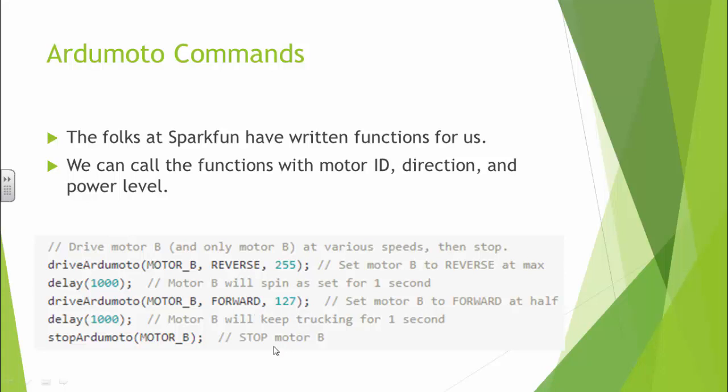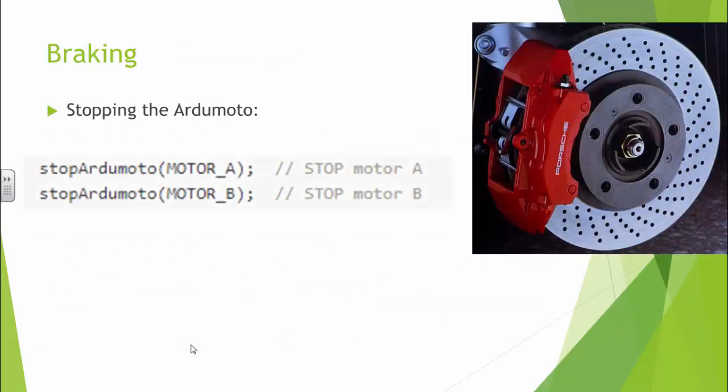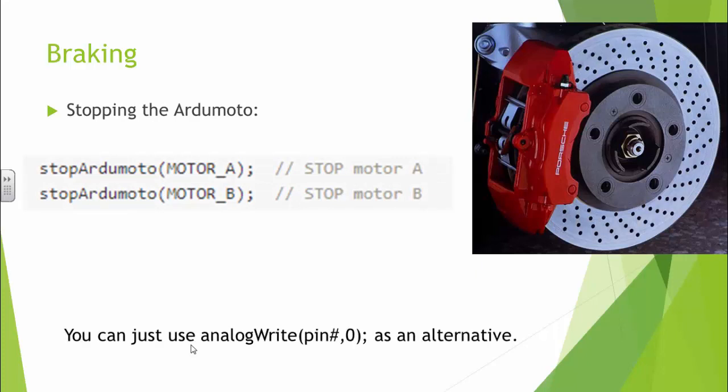So in this case, full power, half power. And they even wrote a separate function to stop the motor. So our stop command is its own function. Of course, you could have just written 0 output to that pin, but this is certainly clearer in terms of its implementation.